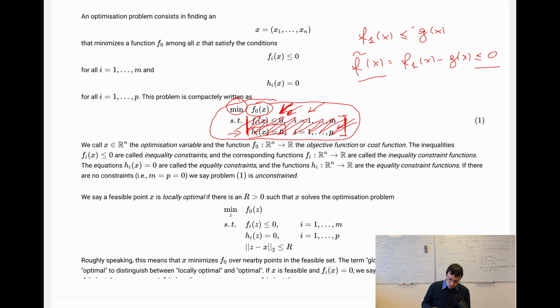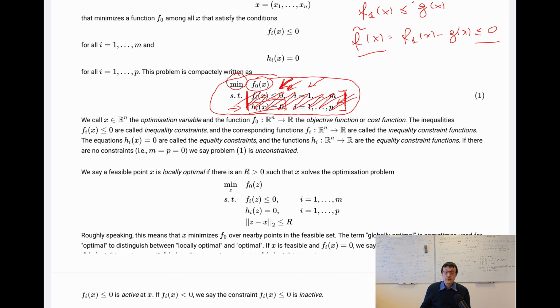Now, one thing to distinguish is the concept of local optimal and global optimal point, okay? So the idea is that if we have an optimization problem in which our cost function is the following, well, we know here that the solution, the minimum cost, is going to be this point over here, right? And this is the global solution. It's always true that that's the minimum.